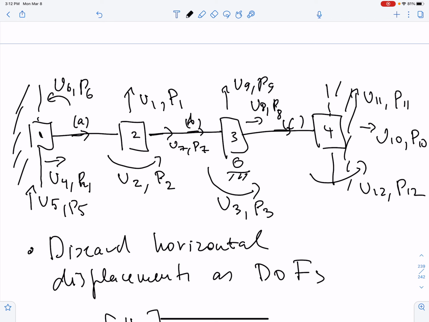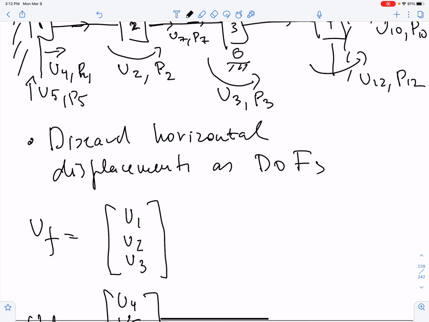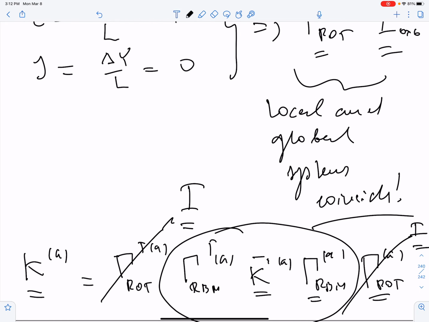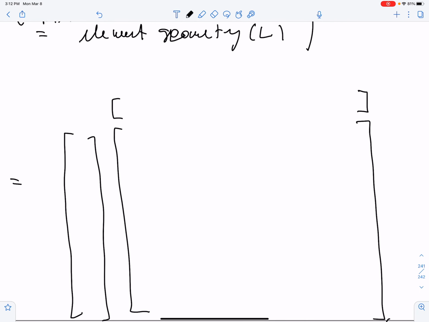So local U5 will point in the direction of U1. So U1 and U5 are the same. Delta 5 is U1. And then delta 6, which is a rotation at node 2, becomes U2. So the ID array for this element becomes 0, 0, 0, 0, 1, and 2, like this.